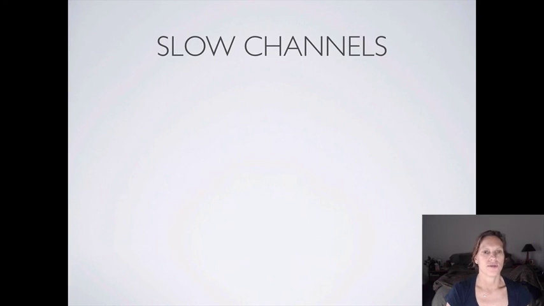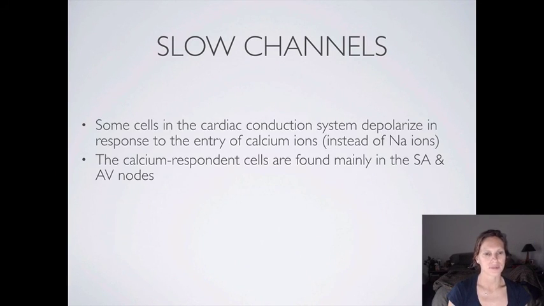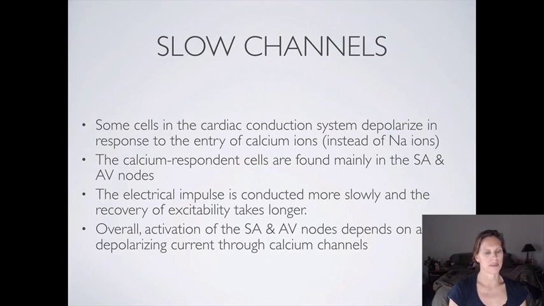All right, so I don't think we need to spend a whole lot of time talking about this. If you remember from physiology, there are the slow channels and the fast channels. The slow channels are the ones that respond to or have this calcium influx, right? So some of the cells in the conduction system depolarize specifically as a result of calcium entry, right?